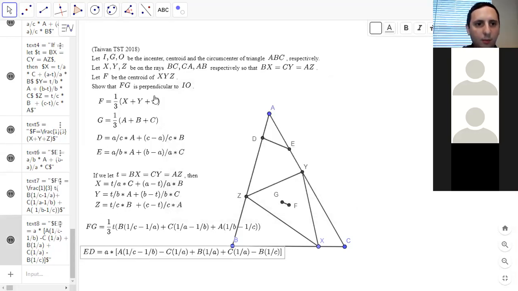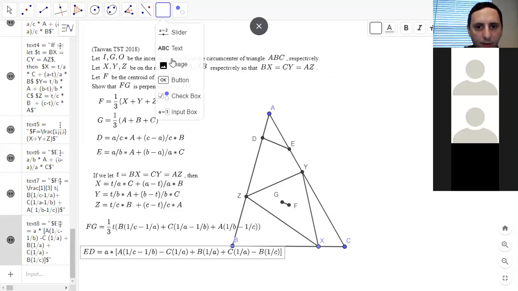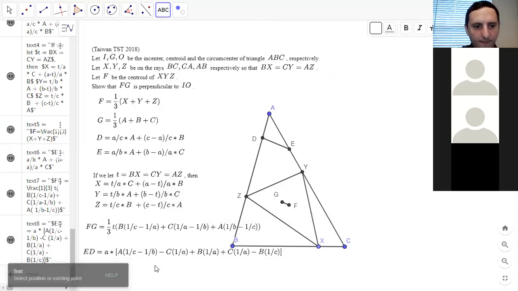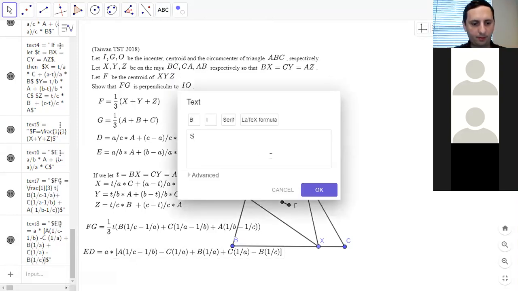Since DE is a multiple of FG, FG is parallel to DE. So ED is parallel to FG, and that implies FG is perpendicular to IO.